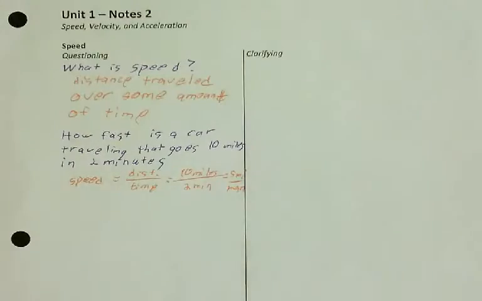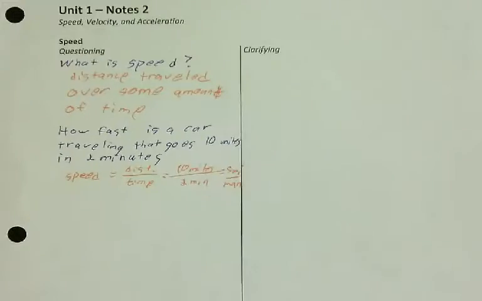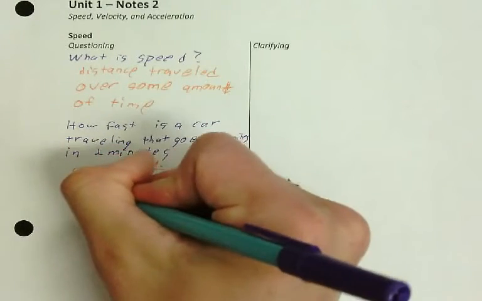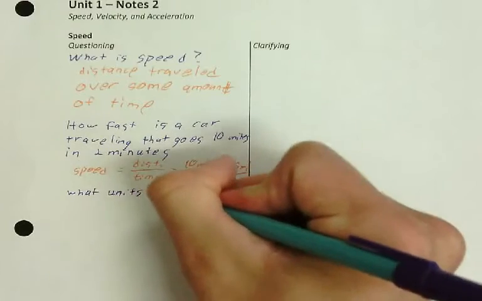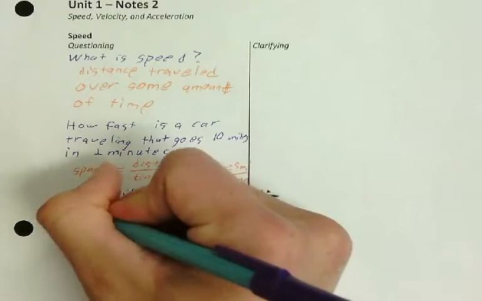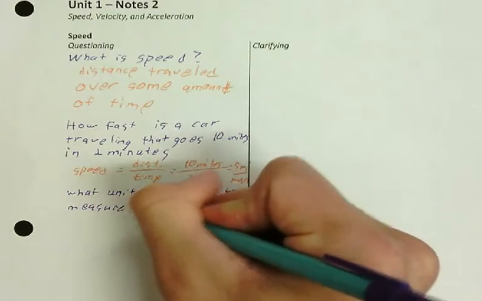So I want to do something about units. So maybe what types of units do we use to measure speed? So what units are used to measure speed?